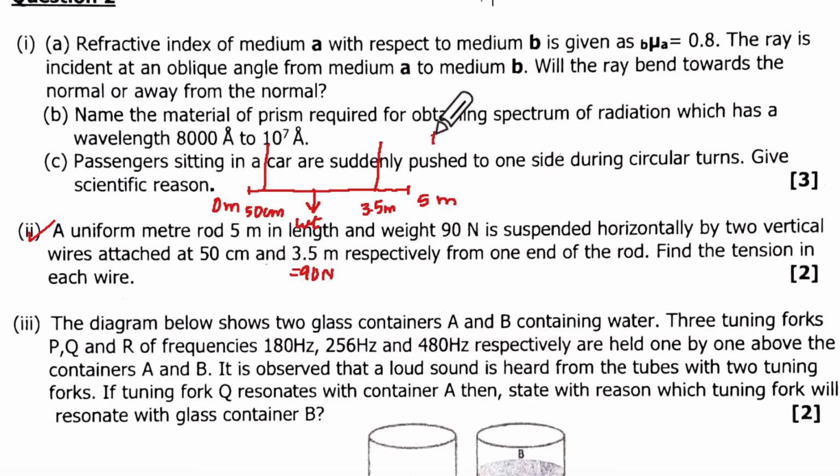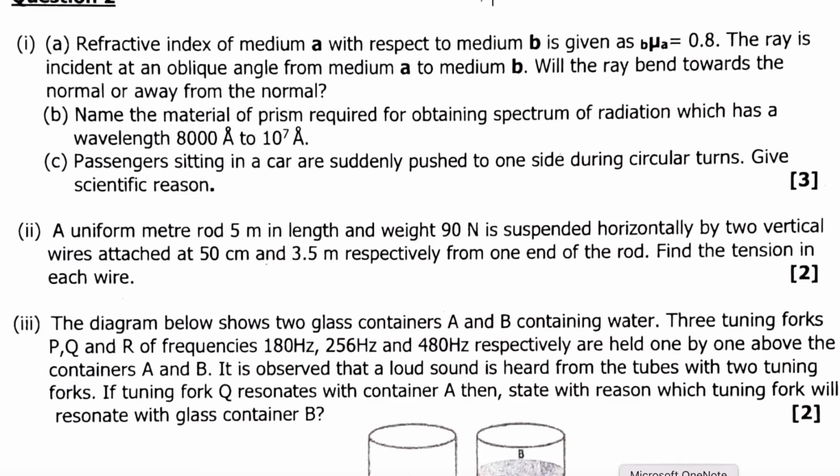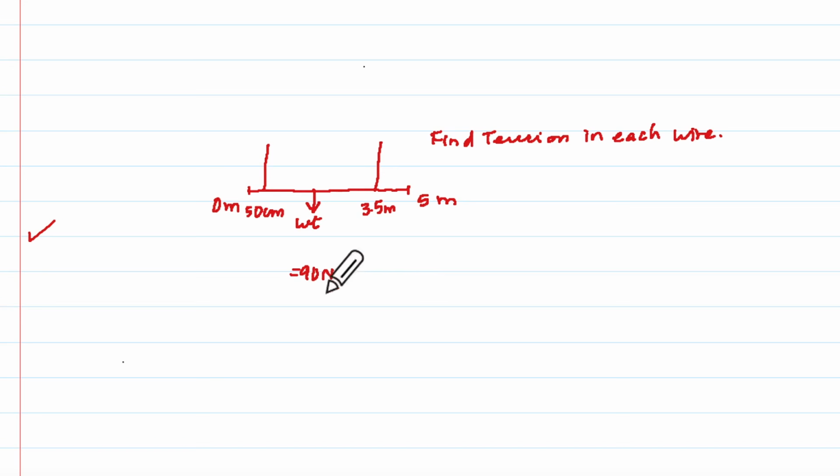They are saying find the tension in each wire. Now this type of question is actually very rarely asked, but since your teachers have asked, let us see how we do this.